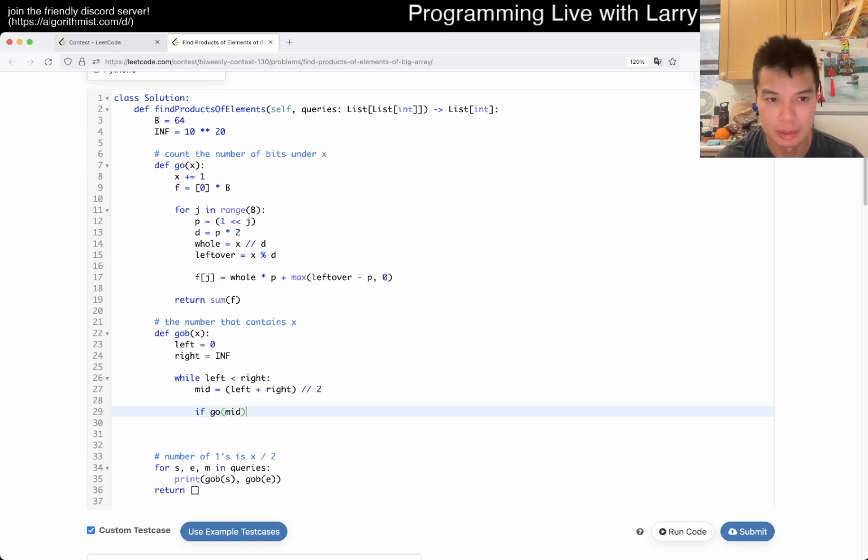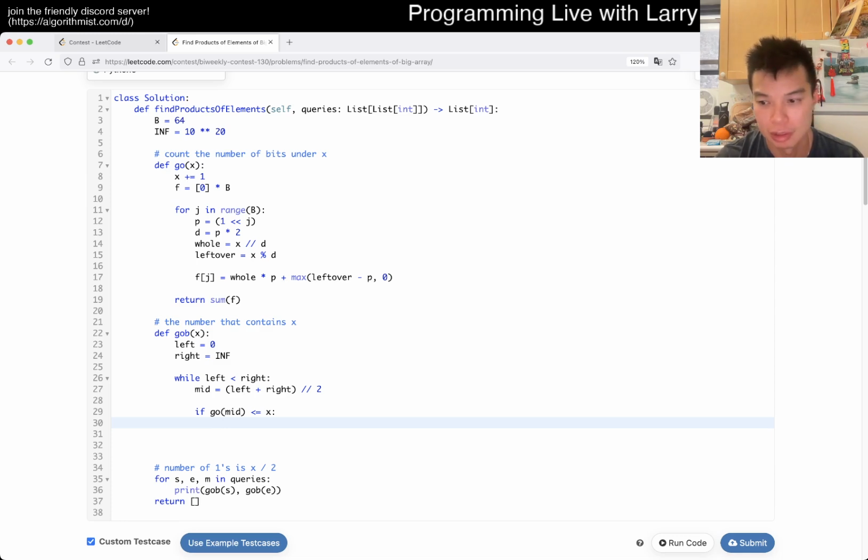Commit. If this is less than or equal to X, we want to try as well. With X we probably just got it, but if it's less than X, then we want to try a bigger number.